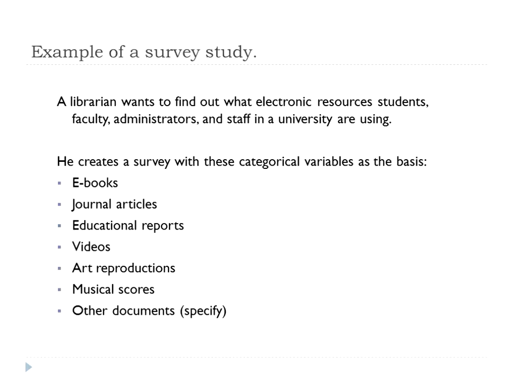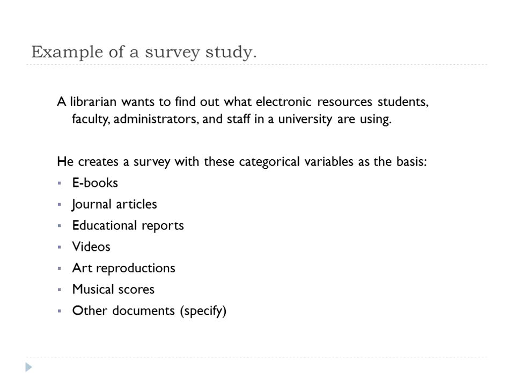So here's an example of a survey study. Say a librarian wants to find out what electronic resources students, faculty, administrators, and staff in a university are using. He creates a survey with these categorical variables as the basis: e-books, journal articles, educational reports, videos, art reproductions, musical scores, and other documents.